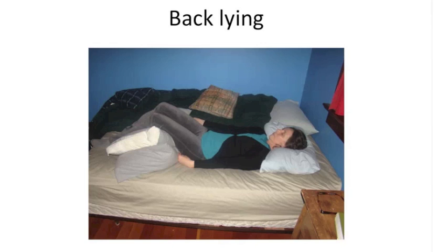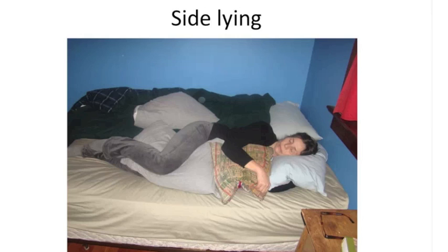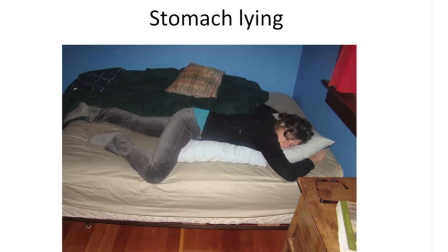Because we don't want you in the same position all night, or that's totally impossible, side lying is also with lengthwise pillows supporting all of those curves between the knees, between the arms, and just below the neck. And stomach lying is not a problem position, but it's often helpful to have a pillow below the pelvis and to smooth out that area between the shoulder blades. And those are 3 examples of positions that you may find helpful in the bed with the correct pillows.